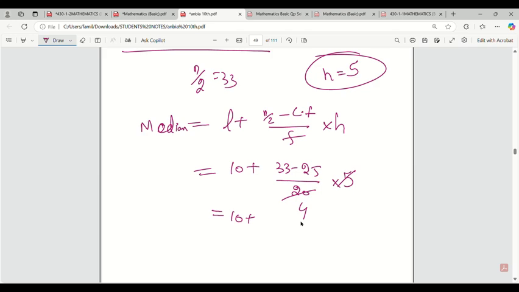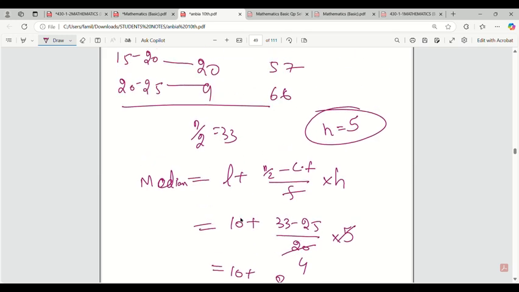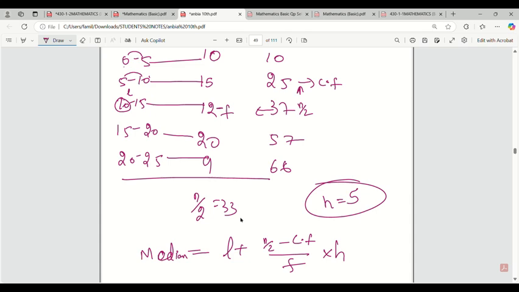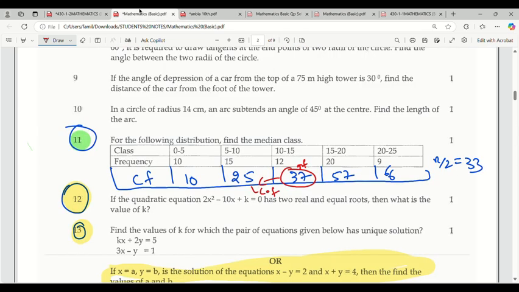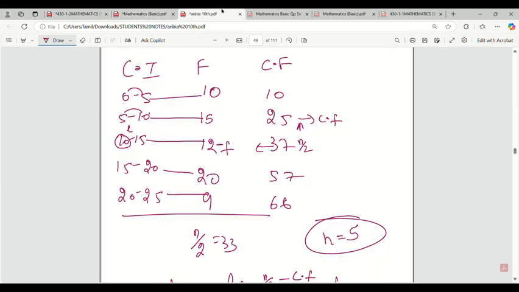So 10 plus 33 minus 25, right? So it will be 8. Wait a second. Am I going somewhere wrong? What is n by 2? n by 2 is 33.